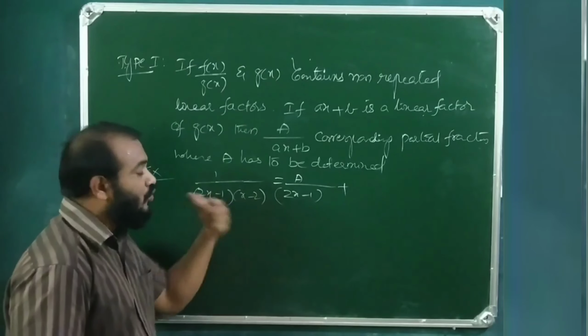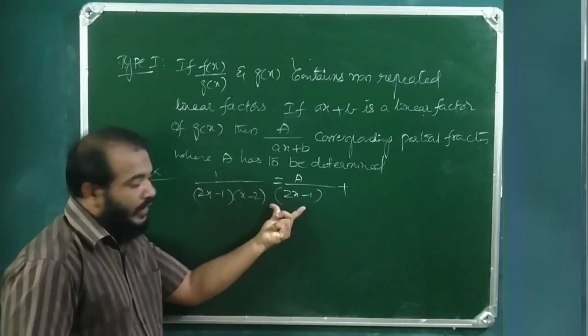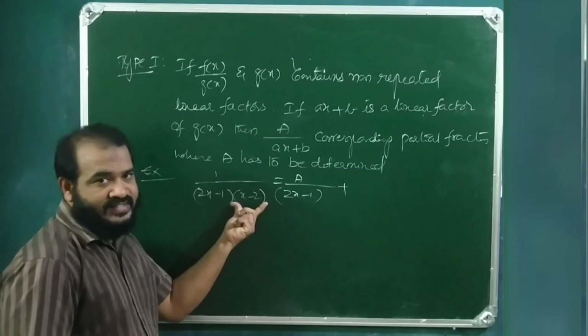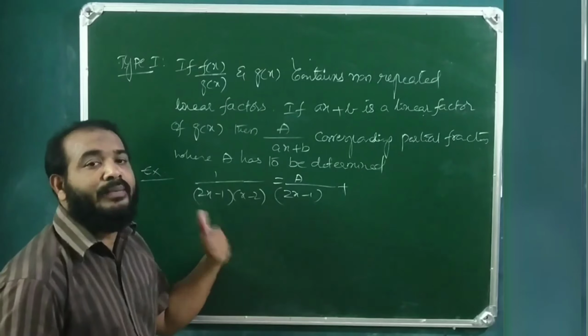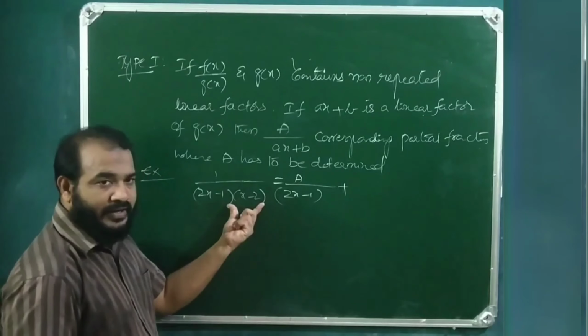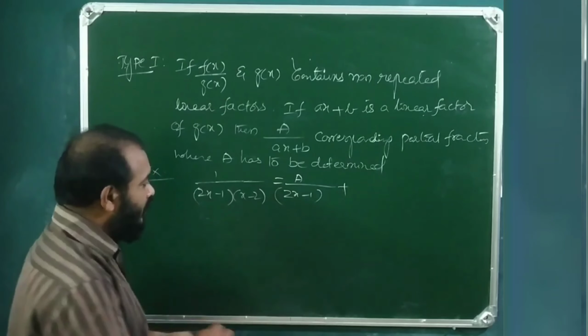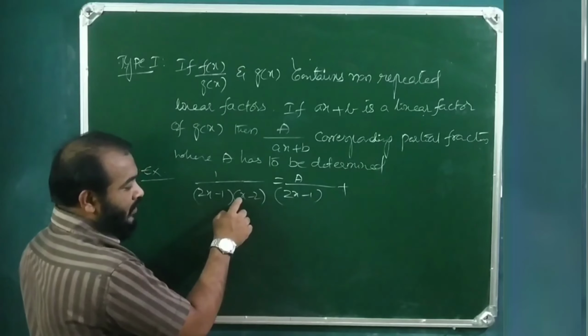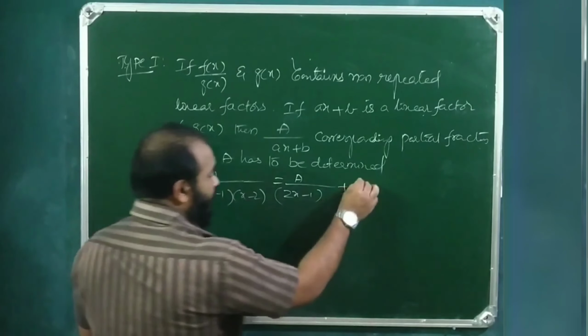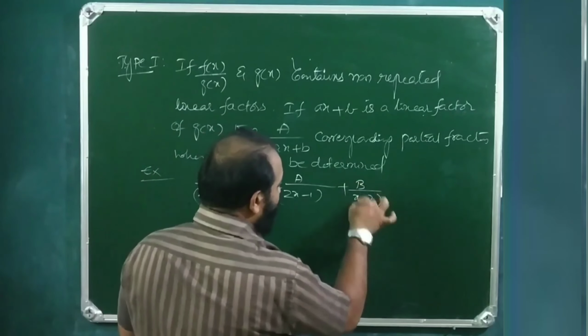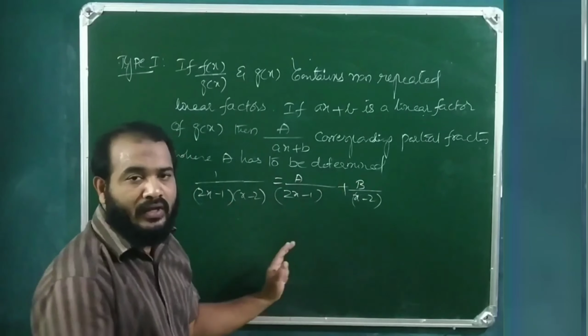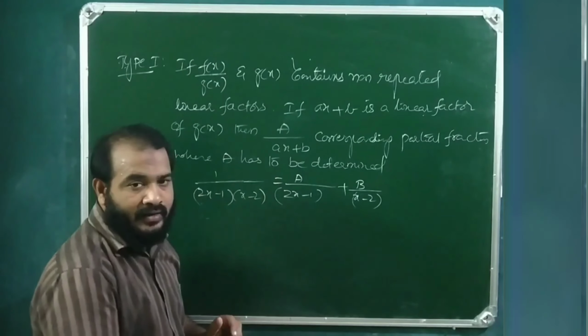Had it been x minus 2 whole square, x minus 2 into x minus 2, it is repeated twice, so it is said to be a repeated linear factor. Here it is non-repeated, so the corresponding partial fraction of x minus 2 is B by x minus 2, where A and B ought to be evaluated.